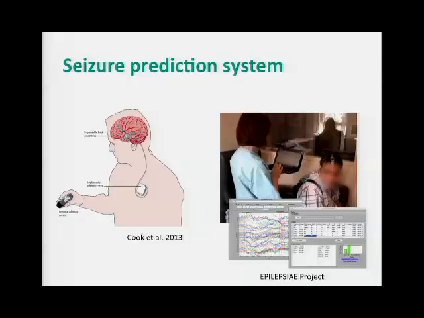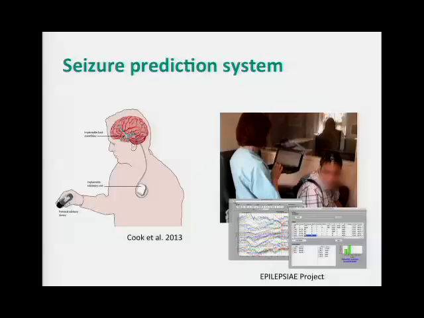It's actually the work from Cook and his group, and they already implanted some patients, they already tested the methods of a seizure prediction system. And there is also the Epilepsy project.